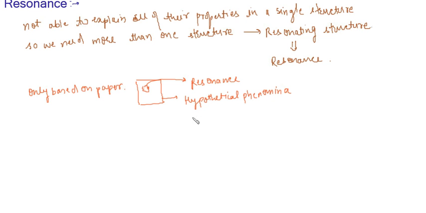It is a hypothetical phenomenon which explains the extra stability of a compound. On paper, with the help of a pen, we use the structures and we are able to explain why the structure is gaining more stability.